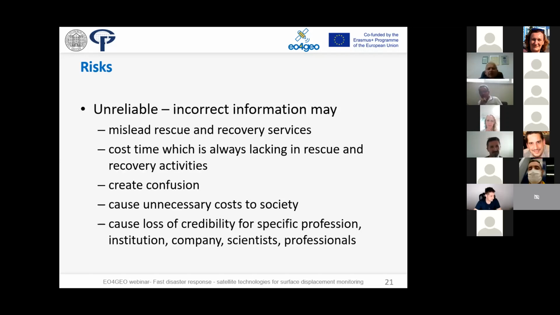Then internally, if we are providing unreliable and incorrect information, it can create a loss of credibility for a specific profession, institution, company, scientists, professionals.